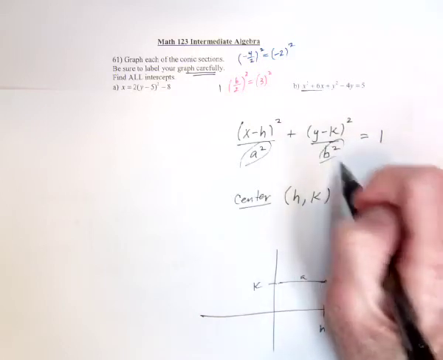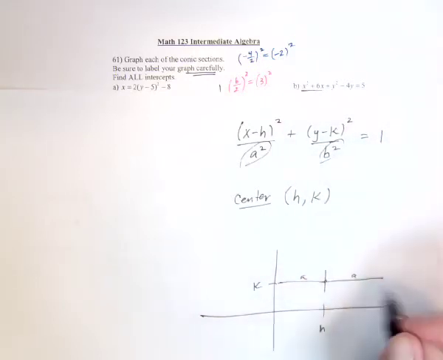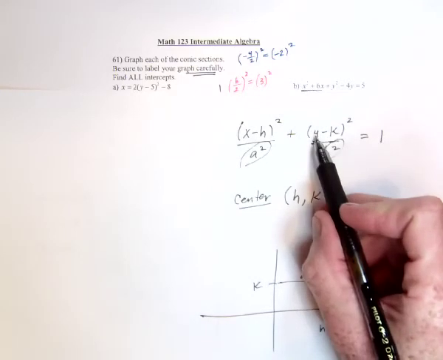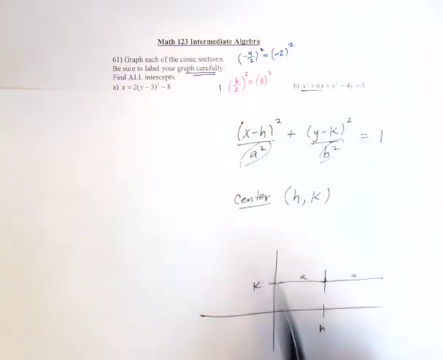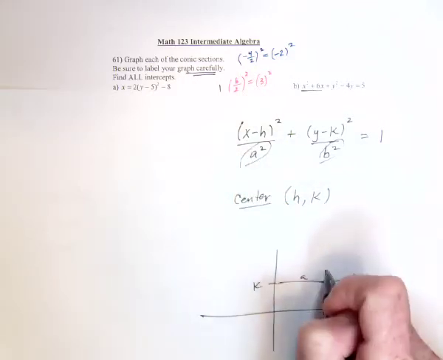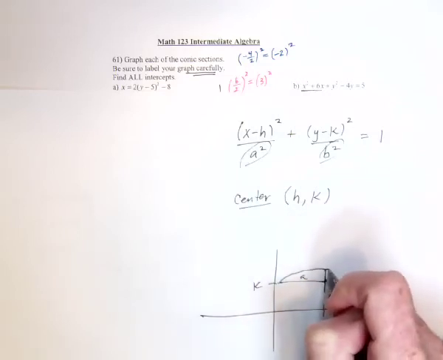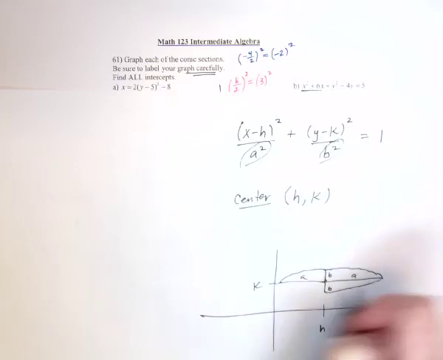Then you take the square root of this, get the number b, and go up and down. I'm going up and down because this is the y information. I went left and right with the a because that's the x information. So you go up and down, and then you would have a nice sort of skinny ellipse.